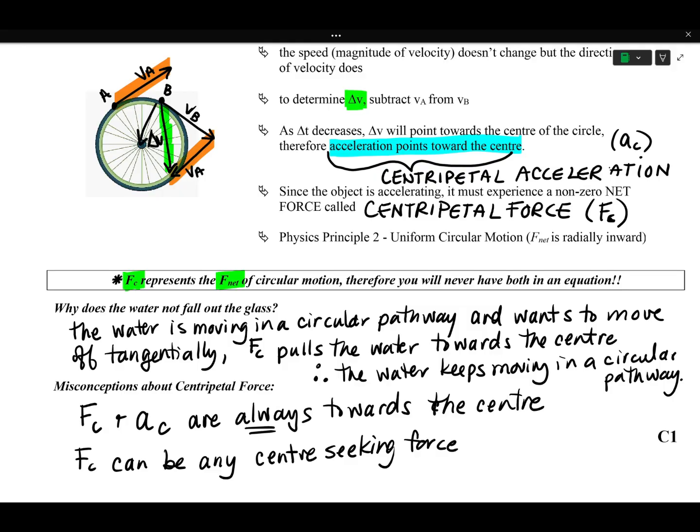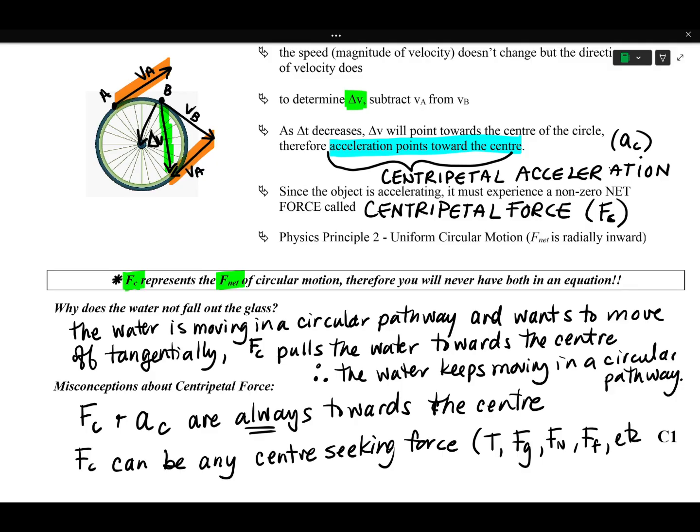So, for example, we had tension in the string attached to the platform that was holding the cup of water. We could also have gravity, which is keeping the Earth orbiting right now around the sun. We could also have a normal force of the roller coaster rails pushing on the car towards the center. Okay? We could have the force of friction that's keeping the car from sliding off the road on an icy or wintry day.